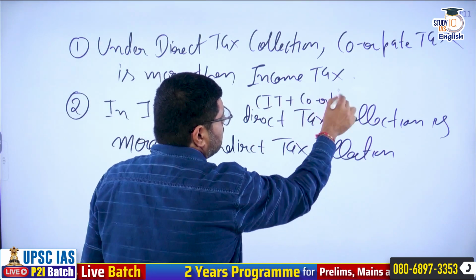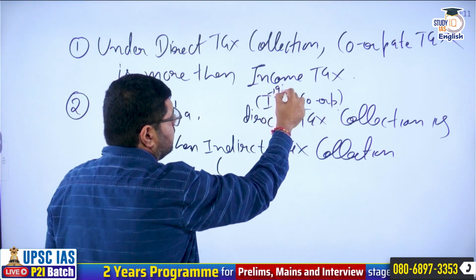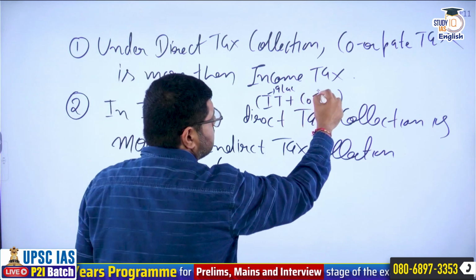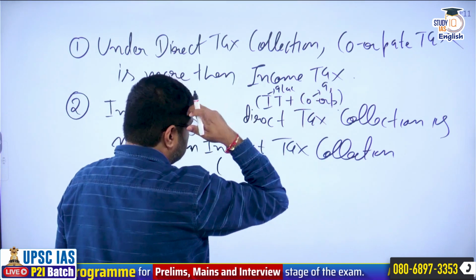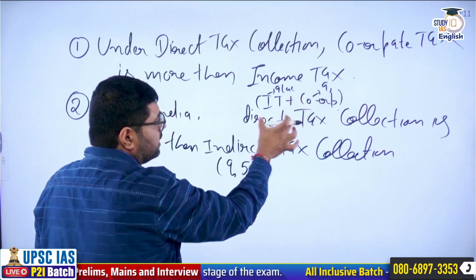No doubt it will be more than indirect, because income tax is around 9 lakh crores, corporate tax around 9,20,000 crores, and GST around 9,56,000 crores. So when you sum it, direct tax will be more.